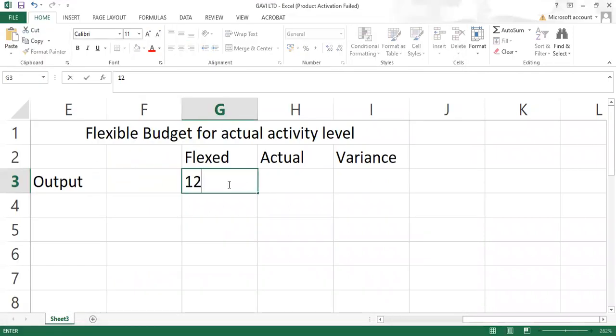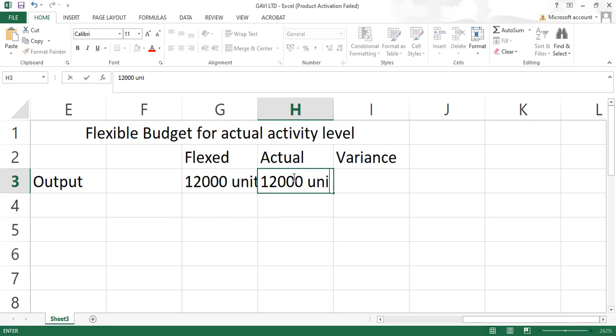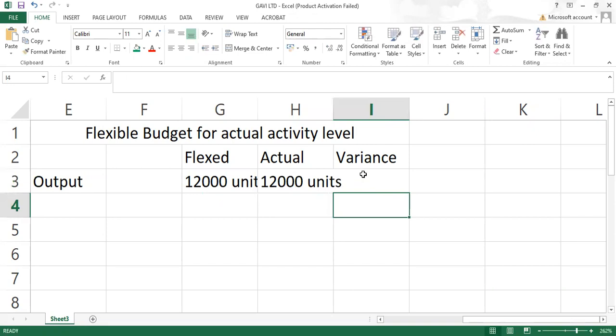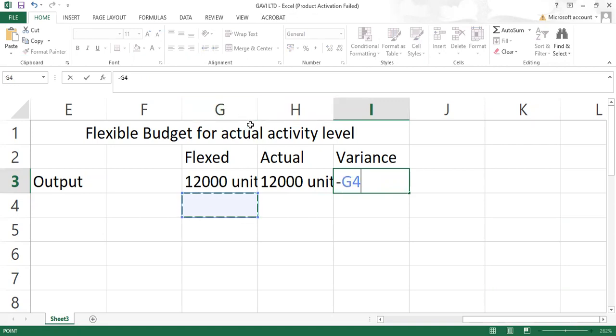So you put 12,000 under this one because we are going to do it for the actual level, which is 12,000 units. Are we going to have any variance? No, this will be dash. 12,000 against 12,000 is dash. So let me put 0 here.